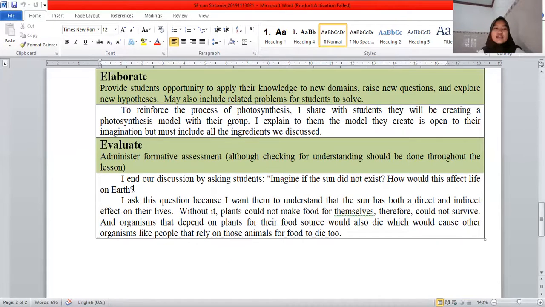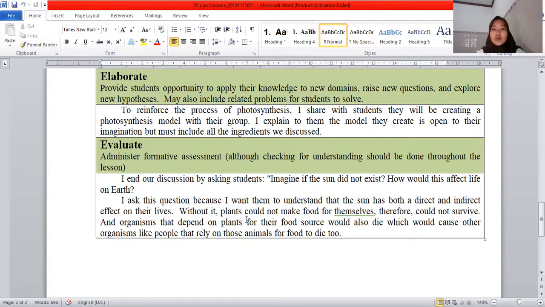Throughout the lesson, I end our discussion by asking students, imagine if the sun did not exist, how would this affect life on Earth? I ask this question because I want them to understand that the sun has both a direct and indirect effect on their life.